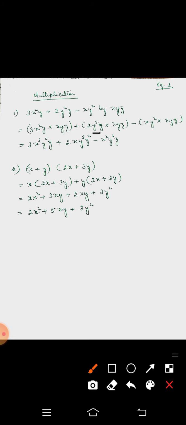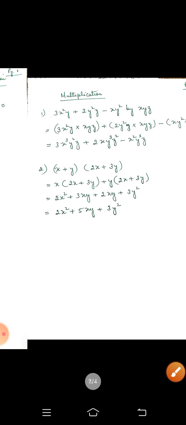And here y has the power 2 and here y has the power 1, so the powers get added up. 2 plus 1 becomes 3, therefore here you have y to the power 3 or y cube. All right, and here z has the power 1 and here also z has the power 1, so 1 plus 1 becomes 2, therefore here you have 2xy cube z square.